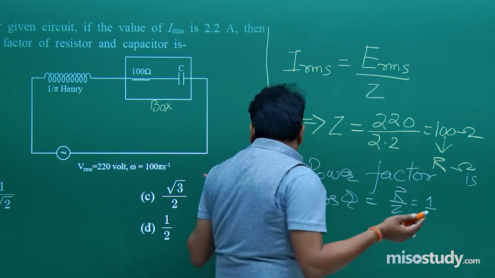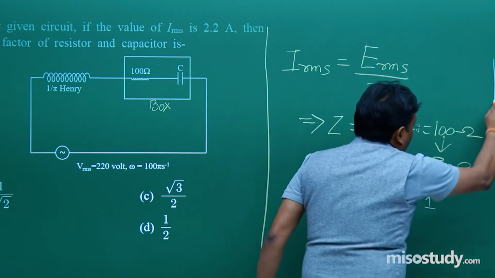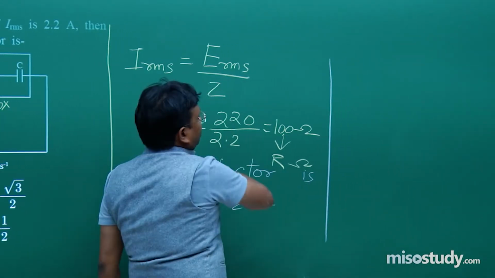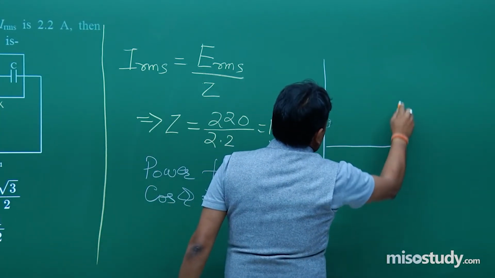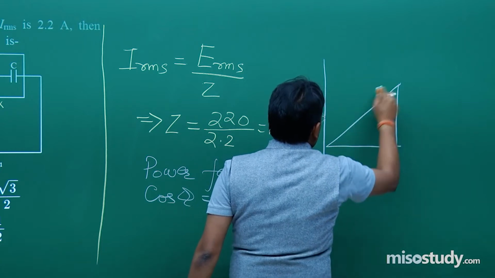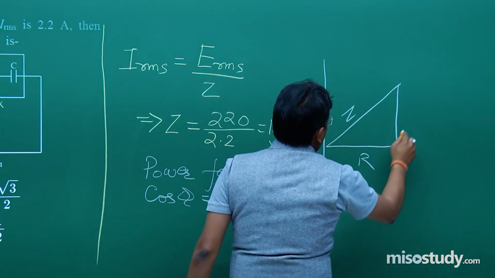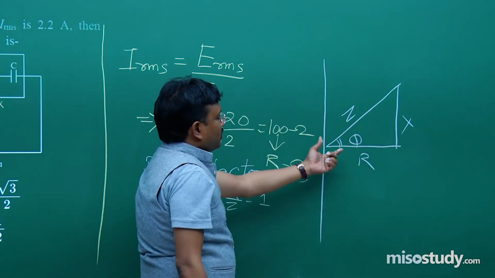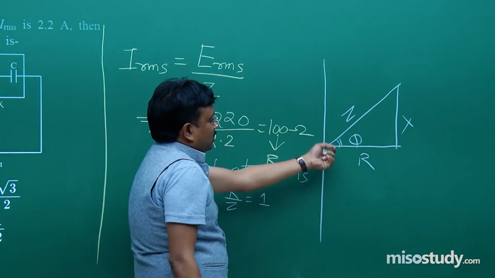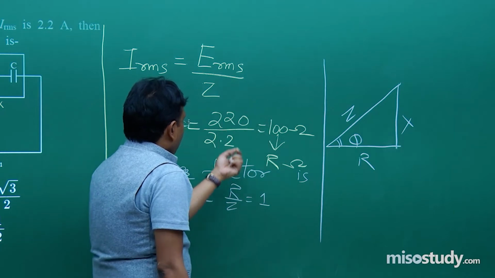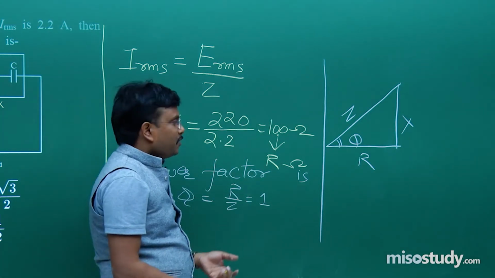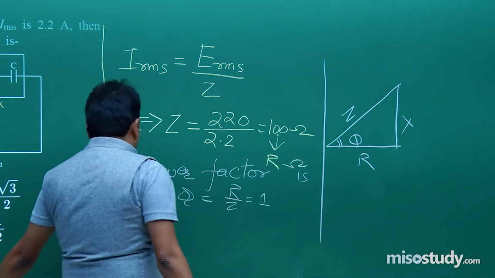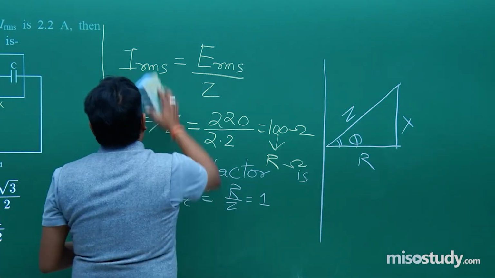I would like to show you in a diagram also this particular situation: Z, R, X, phi. That is a symbolic representation of these values, and here I simply applied the formula. So, not a difficult one, a very simple question.